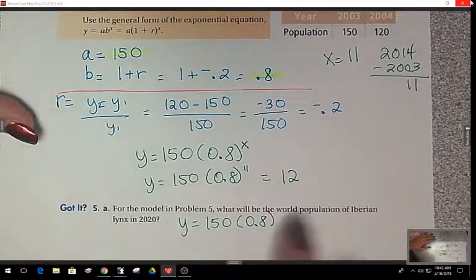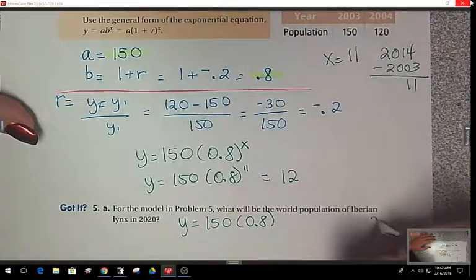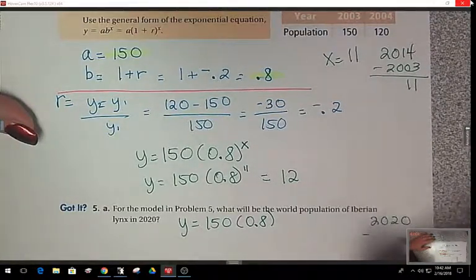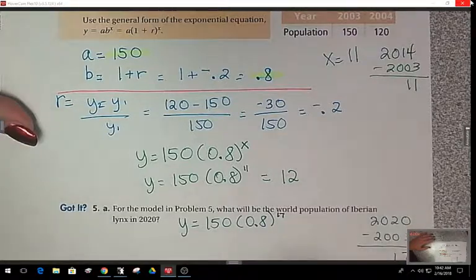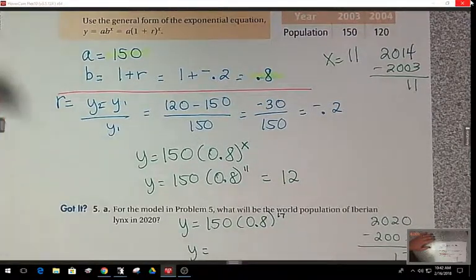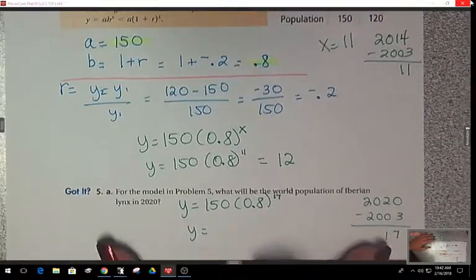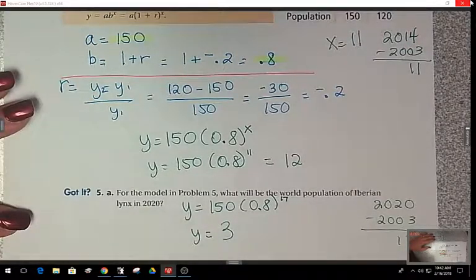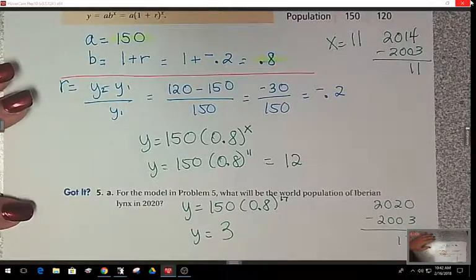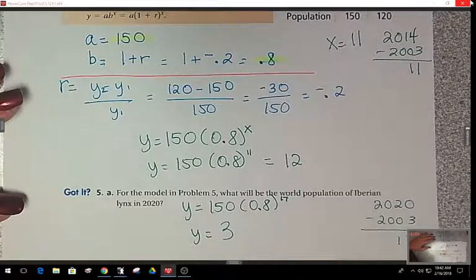But what will my number of years be? 17, because I'm going to do 2020 minus 2003, and I get 17. So how many will there be in 2020? Is it 2 point something or is it 3 point something?